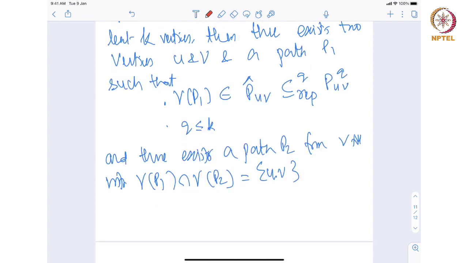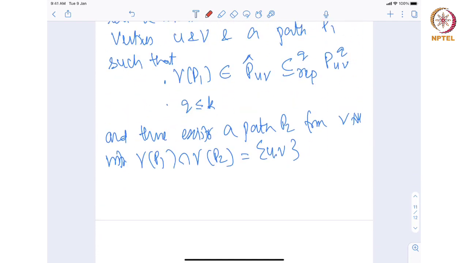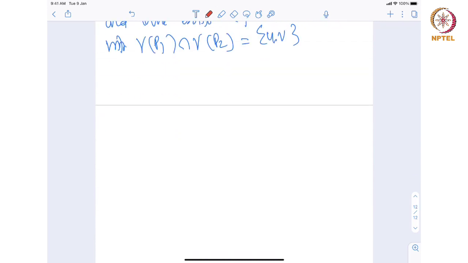Okay. So now suppose Q is k. So what is the size of this? Notice, every path, so look at P U V k. This is a set, and we computed another q representative for this.